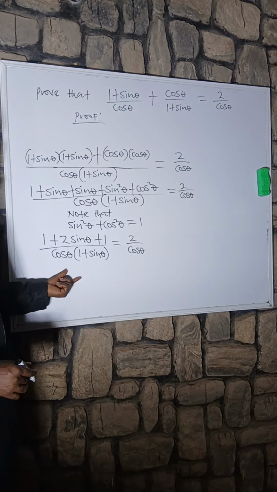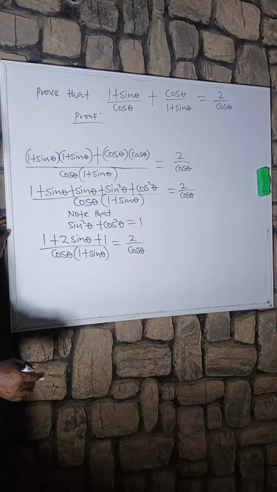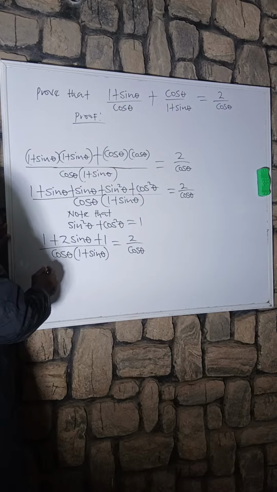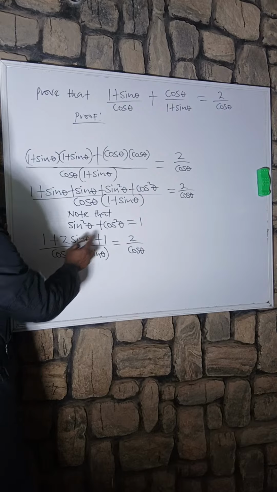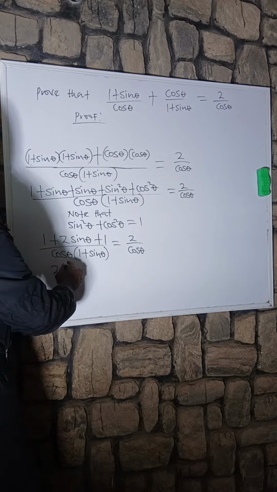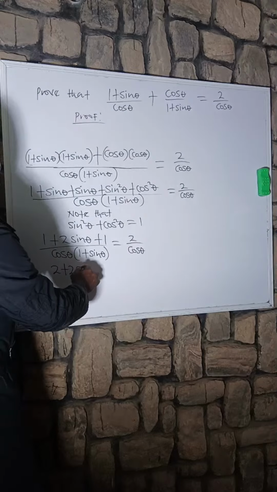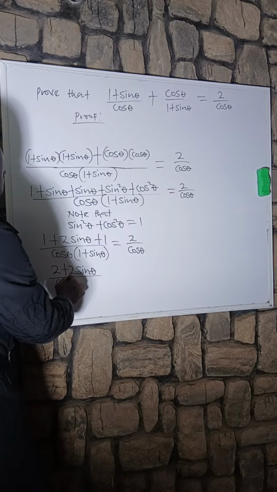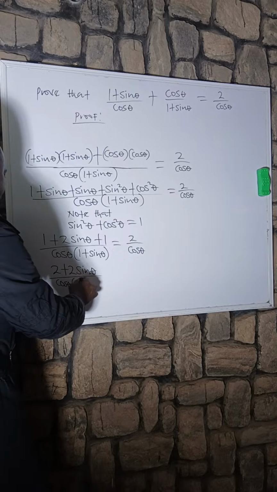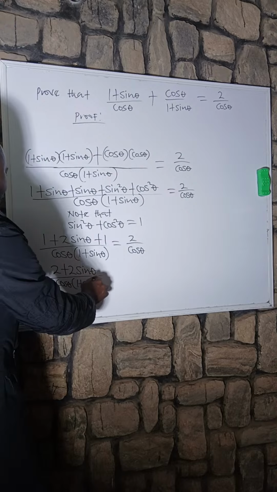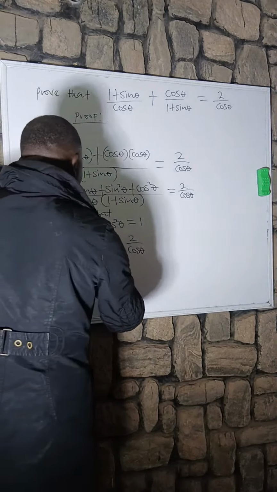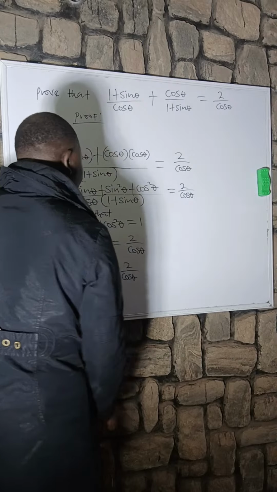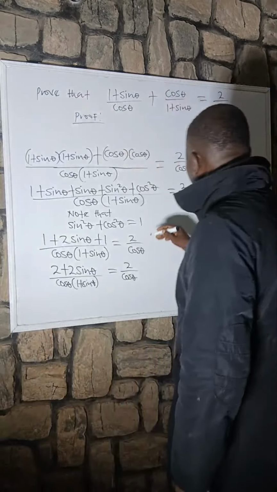Can you see the way I'm breaking it down? Here will now be this plus this, giving us 2 plus 2 sin theta all over cos theta, open bracket 1 plus sin theta, equals 2 all over cos theta.